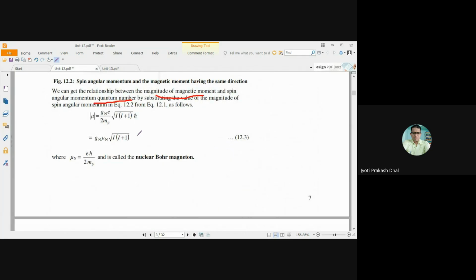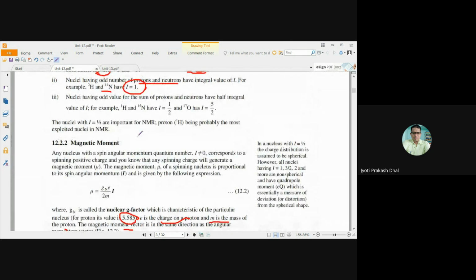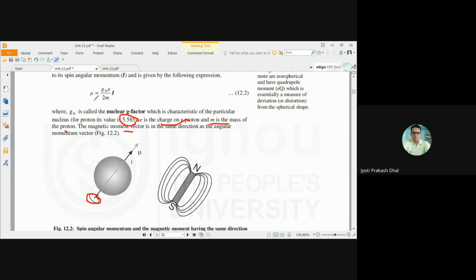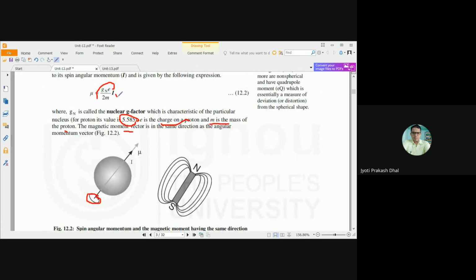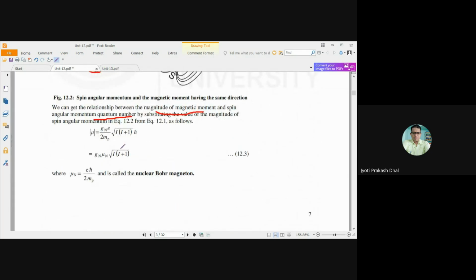So if we put the value of I from equation 1 in equation 2, we can write magnitude of mu equals gne by 2 mp, where mp stands for mass of proton, into square root of I into I plus 1 h cross.